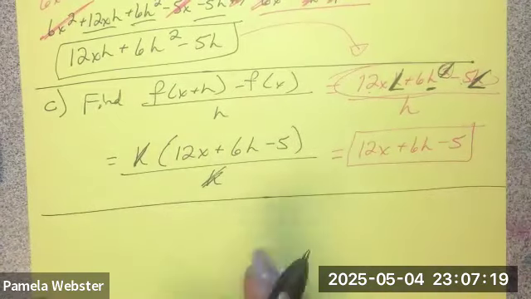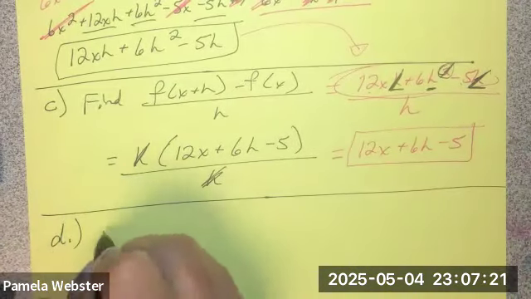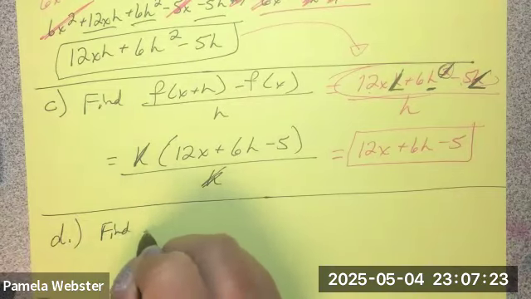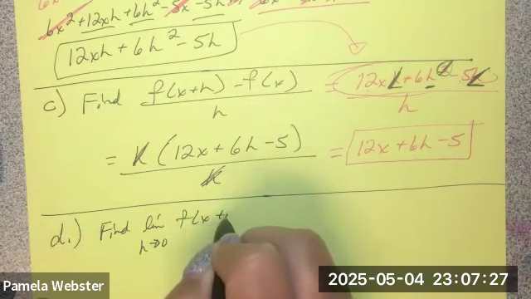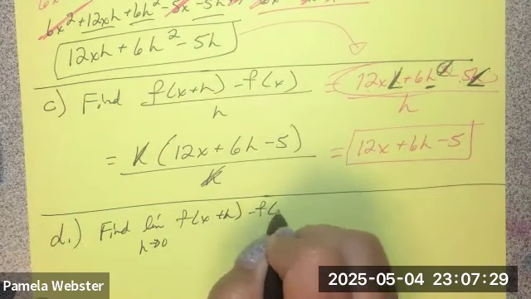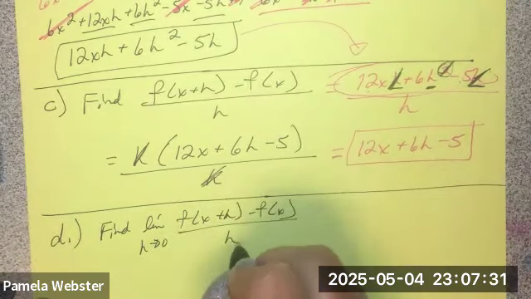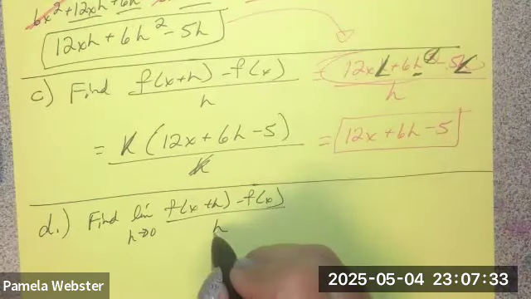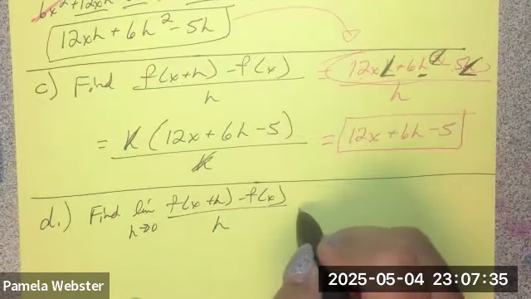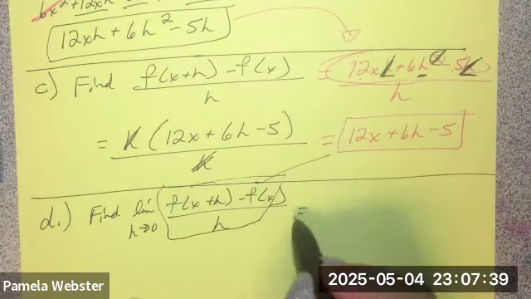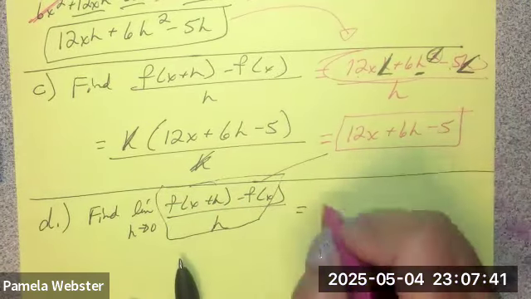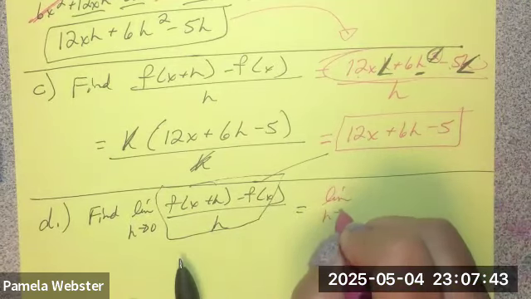All right. Last step. Find the limit as h goes to 0 of all that stuff. Okay. Well, I already have all this stuff, right? That's that. So put it here. Just put the limit as h goes to 0 out in front.